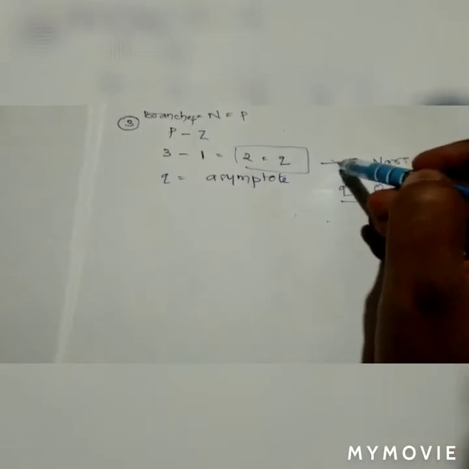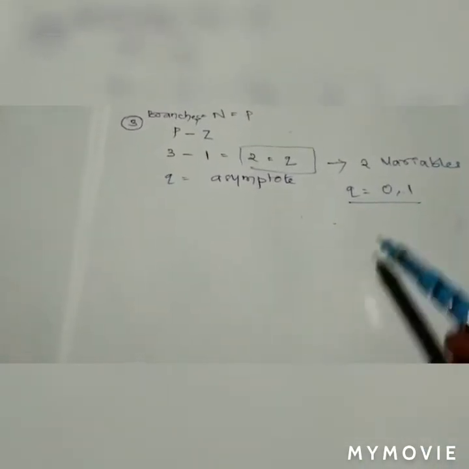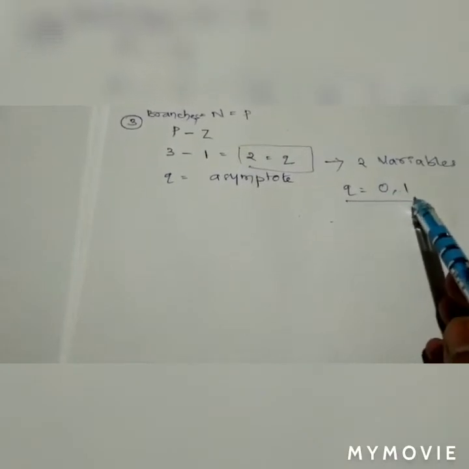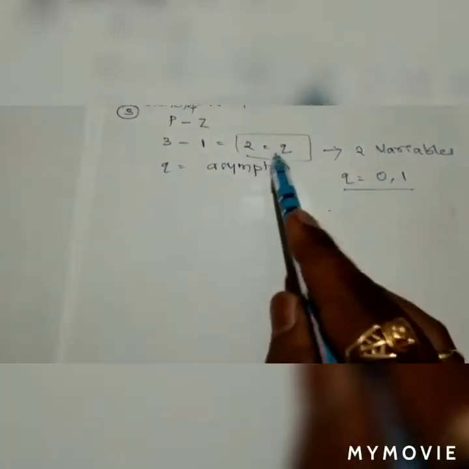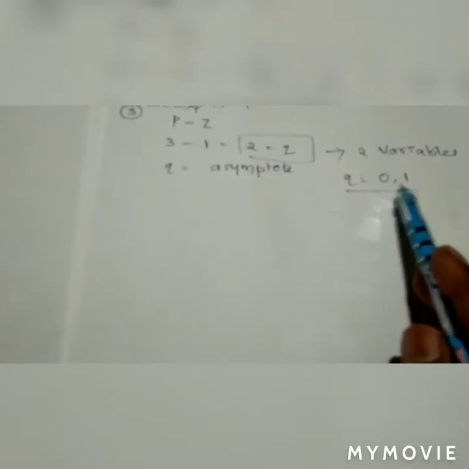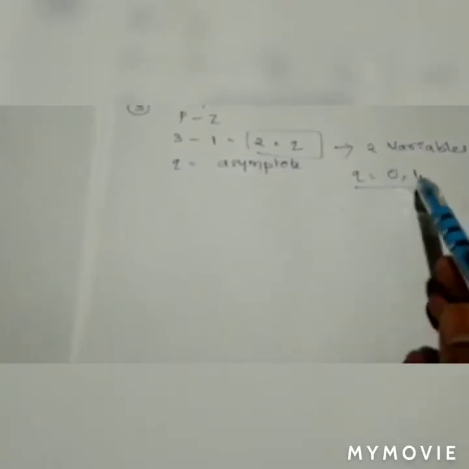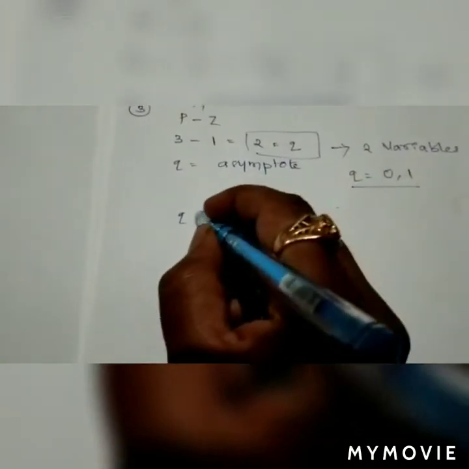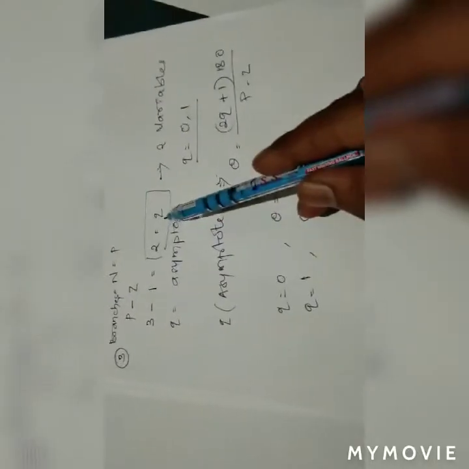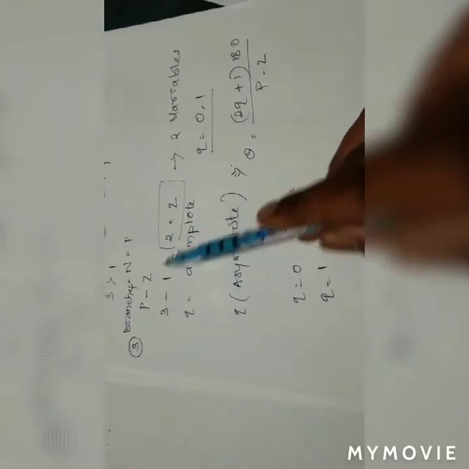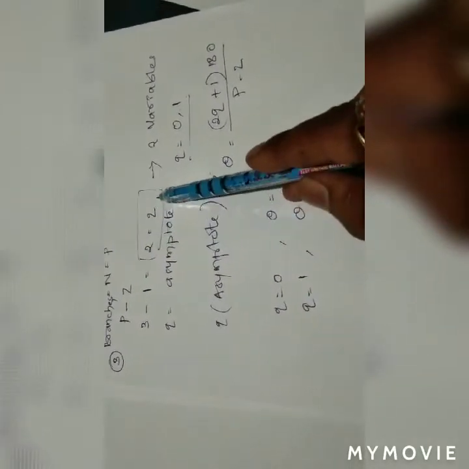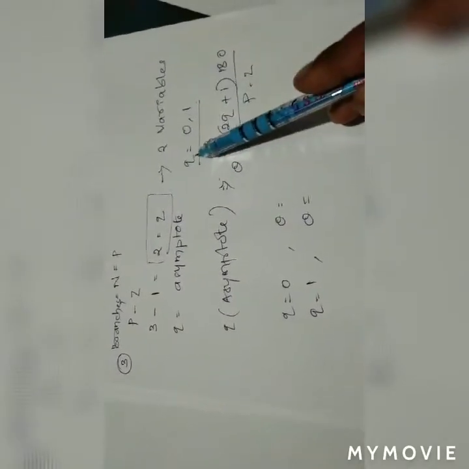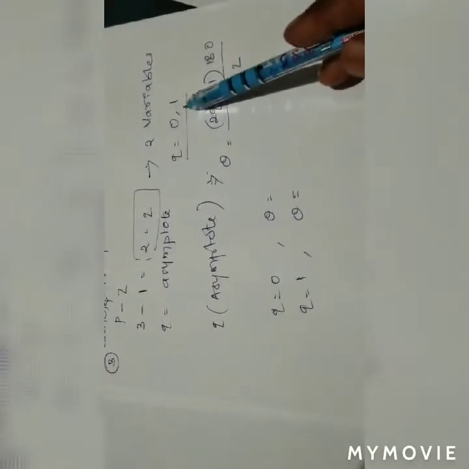That means you are having two values, and it always starts from 0. So Q is equal to 0 and 1.